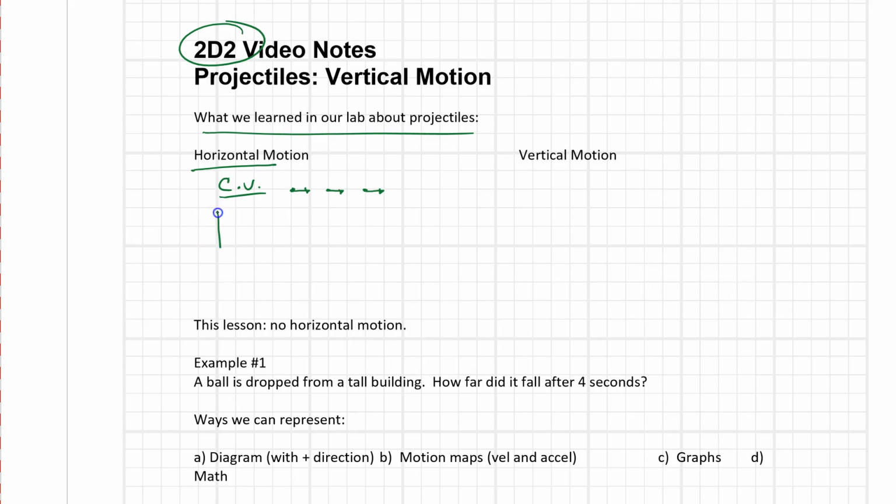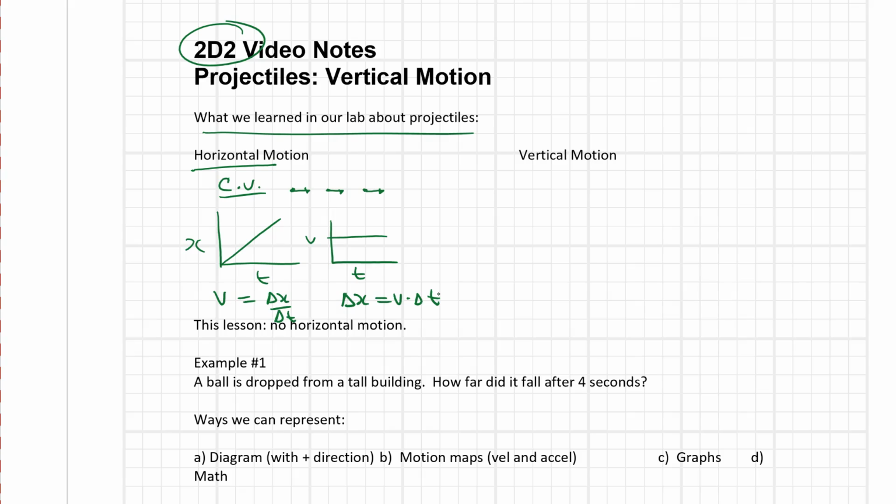A position-time graph would be like this, and a velocity-time graph would look like this. Our mathematical model would be: velocity equals delta x over delta t, or we could say delta x is equal to v times delta t, depending on what we're solving for.